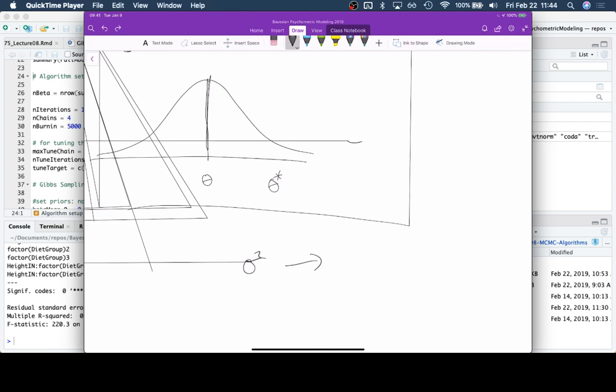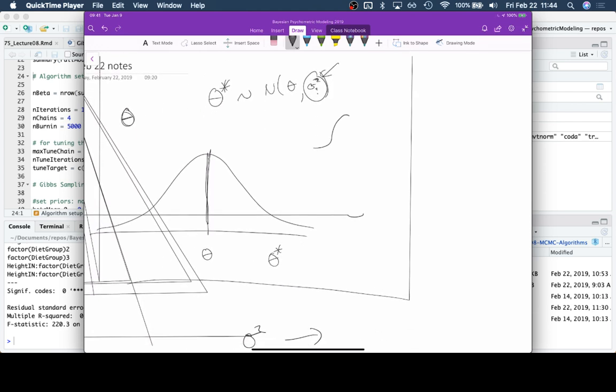Anyway, if the variance of this is too narrow, then the values don't change very much, and it may have a real easy time moving from one to the other. So it's inefficient, it's too narrow. If you're looking at the posterior distribution of what theta should be, it's going to take forever to get from one side of it to the other.